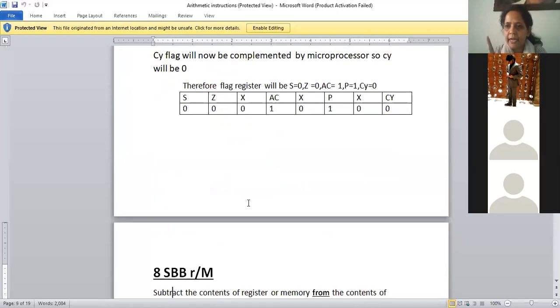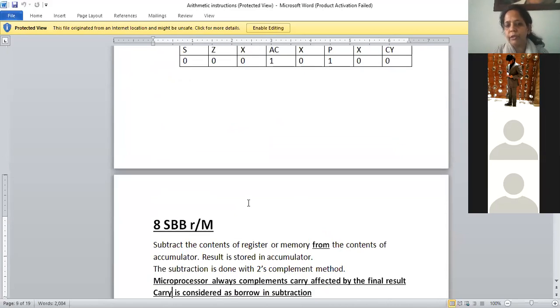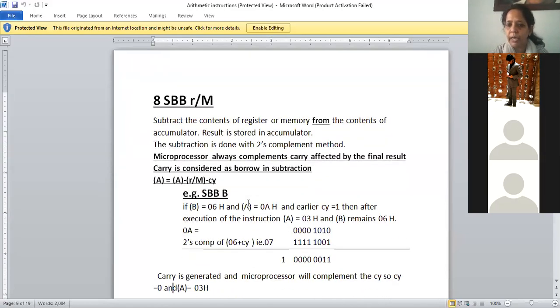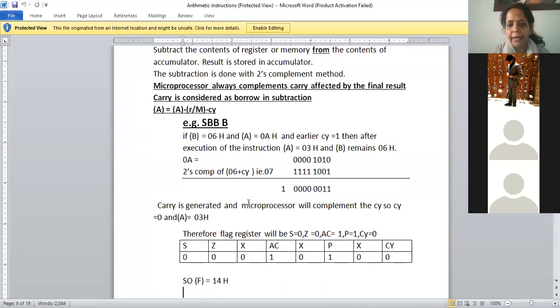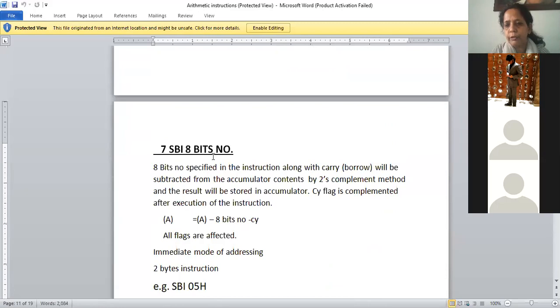Just like ADD and ADI, there is SUB and SUI. After that, just like ADC R, there is SBB R: subtract with borrow whatever the register contains from the accumulator. And then you had SBI, that is subtract with borrow immediately whatever is the 8-bit number.